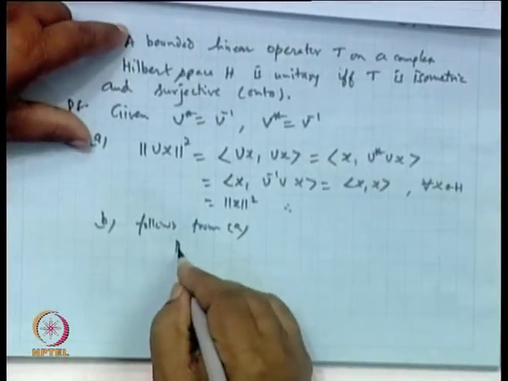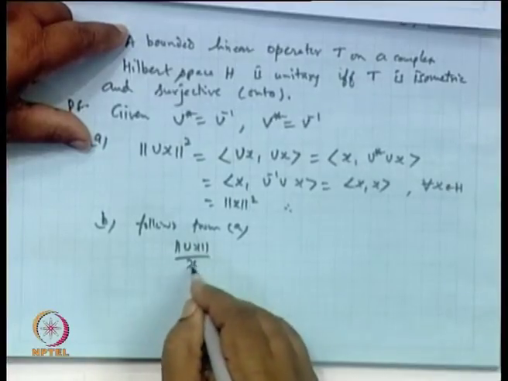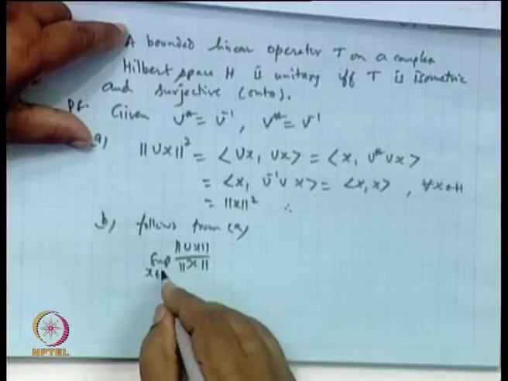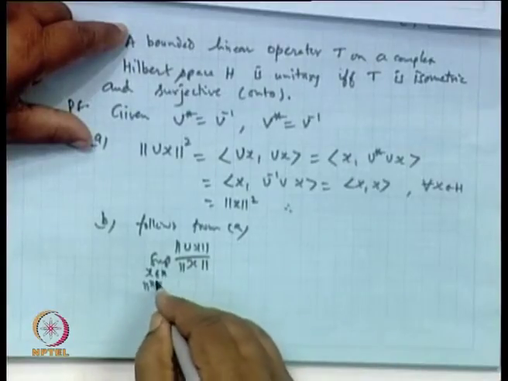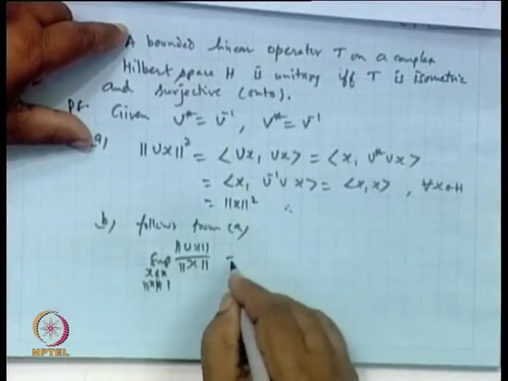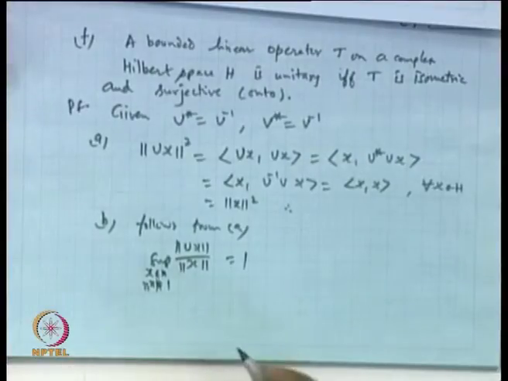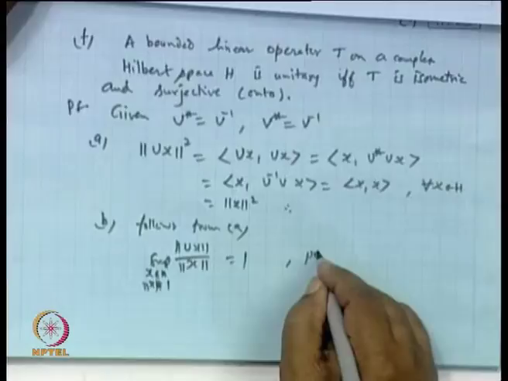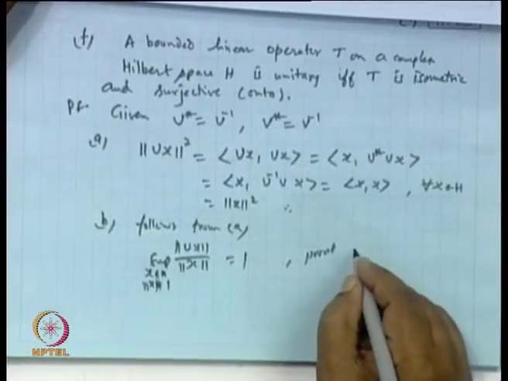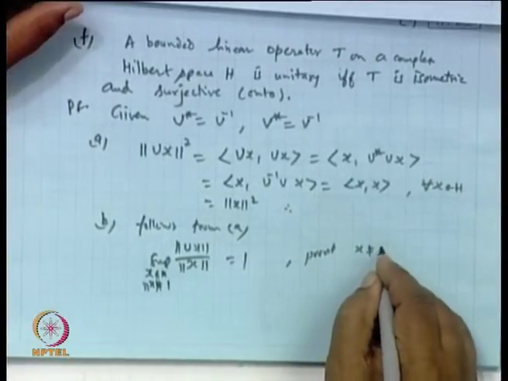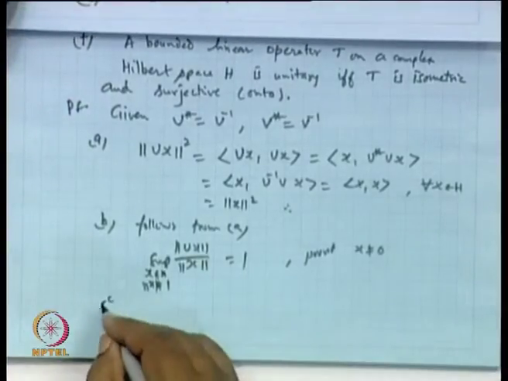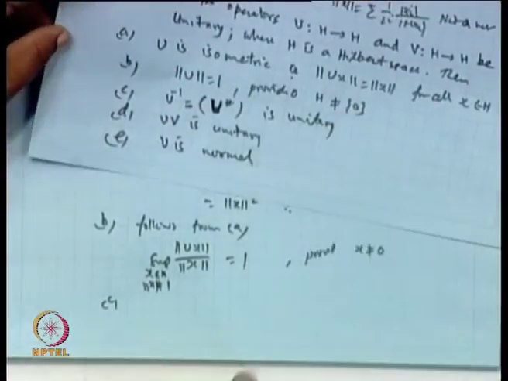If I divide norm Ux by norm x and take the supremum over all x belonging to H with x non-zero, then it is 1, otherwise it will not hold. That's why H is different from 0.